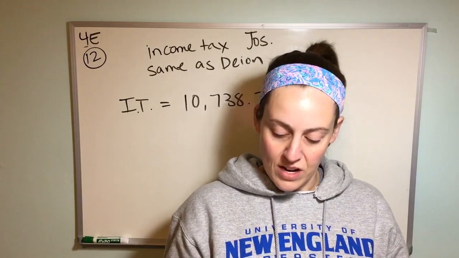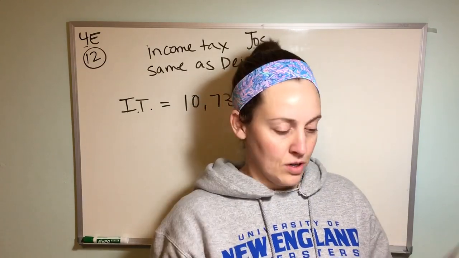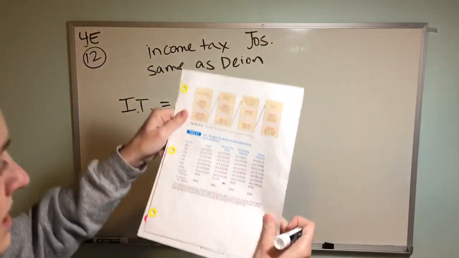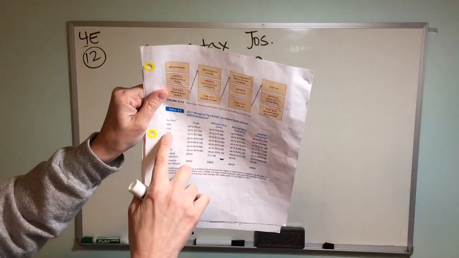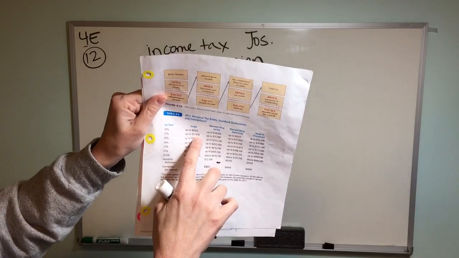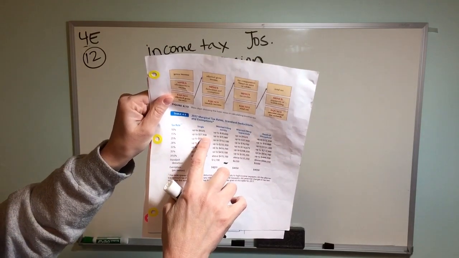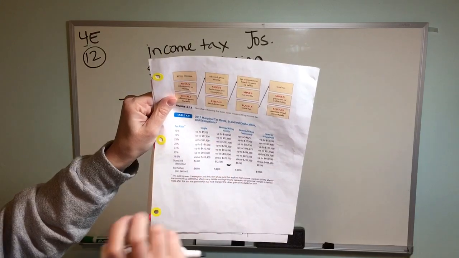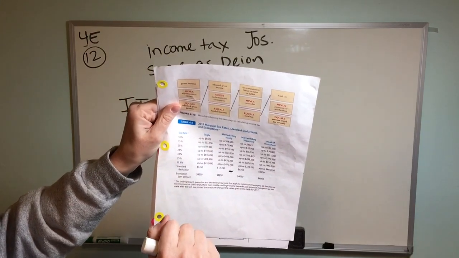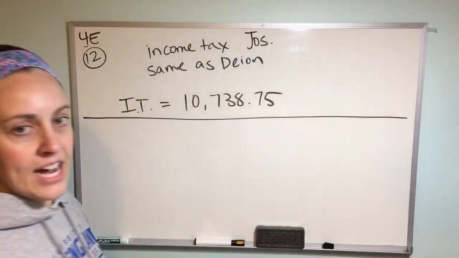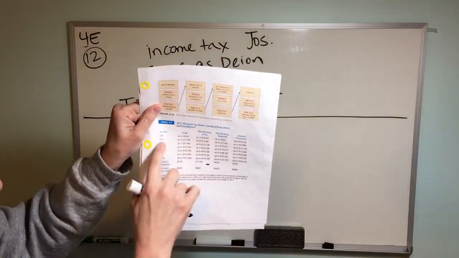So for Josephina, up to, now I'm going to go back to my front page. Remember 10% and 15%. So for Josephina, up to $37,950, she pays 0 in FICA taxes.